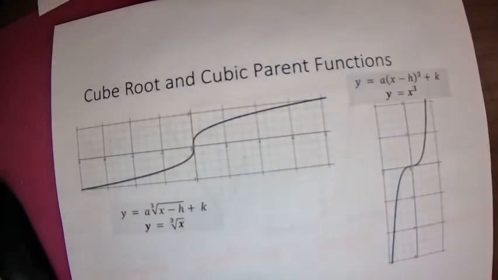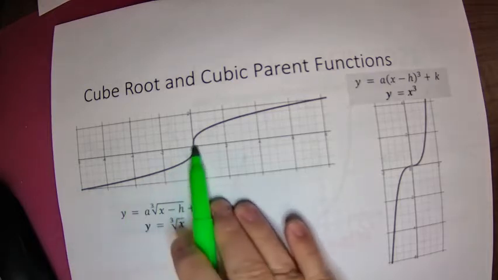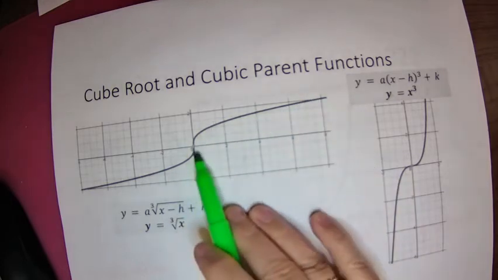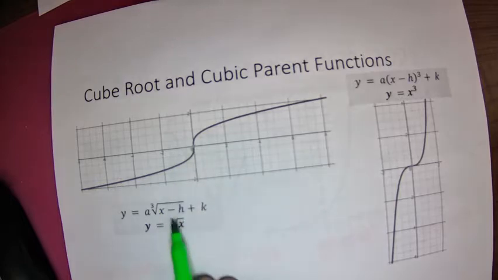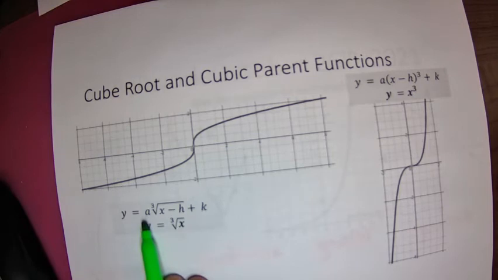And then last, we have the cube root and the cubic parent function. So the cube root is a sideways S. His parent function, the inflection will be here at 0, 0. But if I'm going to shift him left or right, that h will tell me how much, and that k will tell me how much up or down. And the a makes him wider or skinnier or flips him.